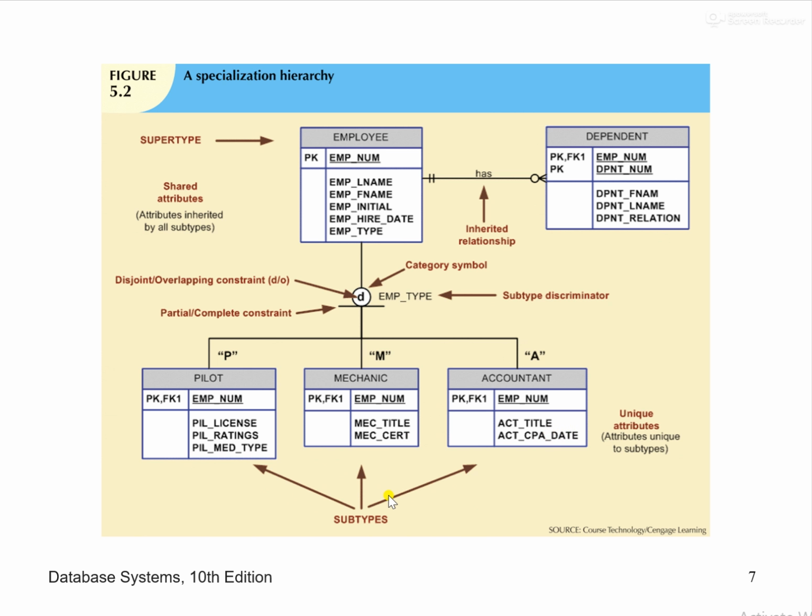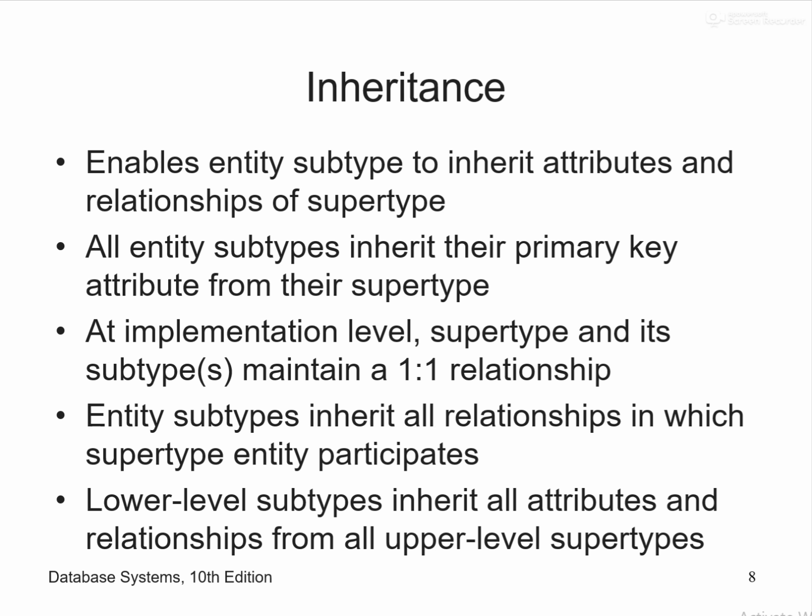So inheritance means that an entity subtype inherits attributes and relationships of the supertype. And as I have already explained, the subtype and supertype maintain a one-to-one relationship between each other, or this is-a relationship is a one-to-one relationship, which means that an entity subtype inherits all the relationships in which the supertype entity participates.